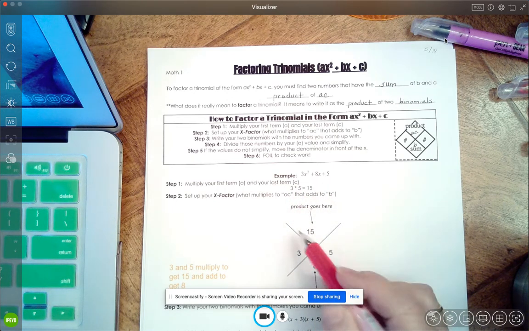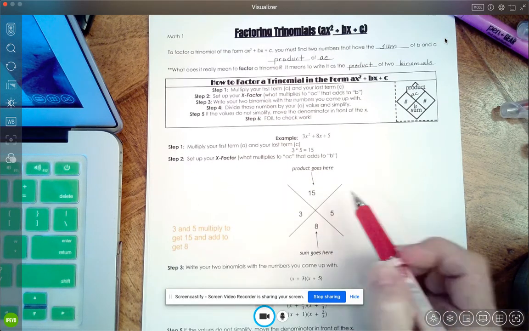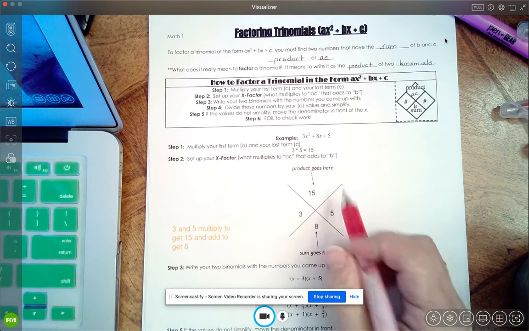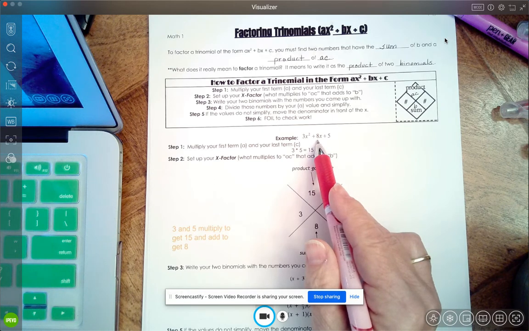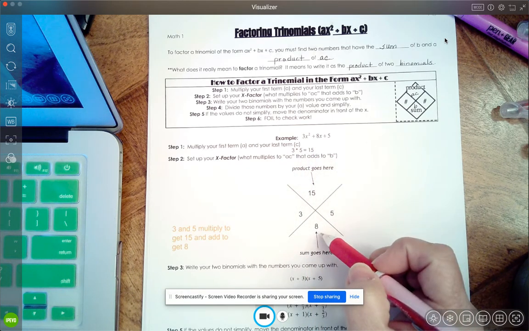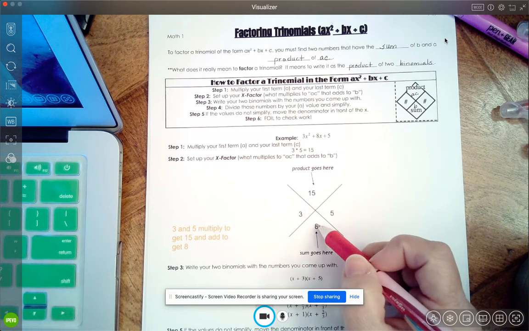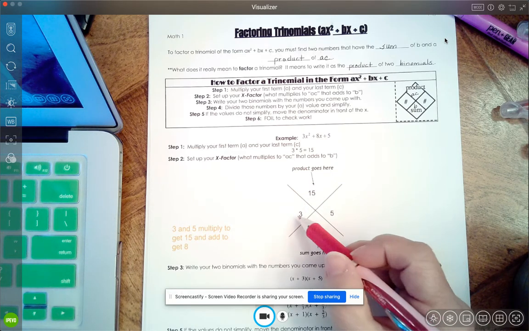Now we're going to set up our big X factor. X factor, I love that. Our 15, the product, goes here in this position. And the 8, our b value, we're going to put right there. I need to find two numbers that multiply to get 15, and they're going to add to get 8. And it's 3 and 5.